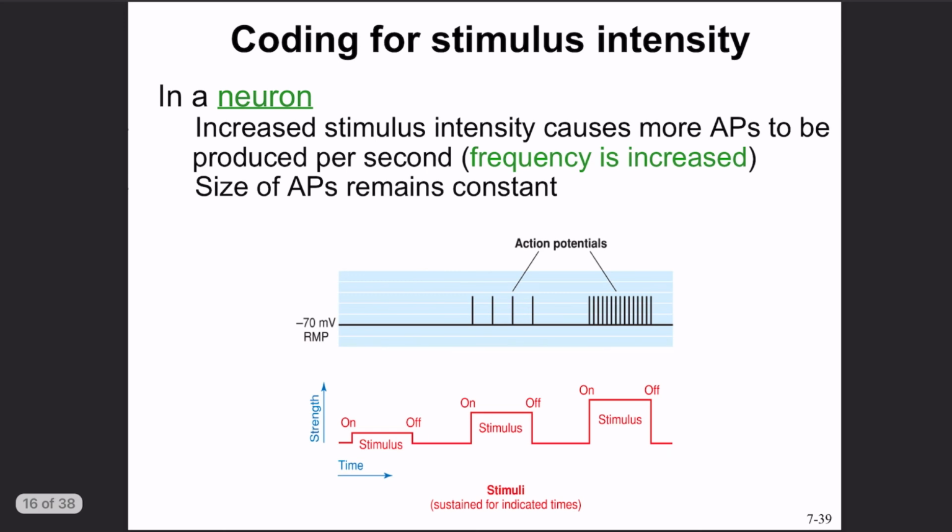We can't change the size of an action potential. What we can change is the frequency of action potentials. So here we have like a small stimulus, and notice there's action potentials occurring. Now we increase the stimulus and we have a lot of action potentials. So you don't change the size of your action potential, but you change the frequency or how many action potentials there are.